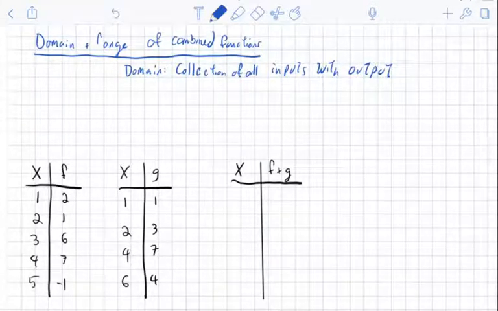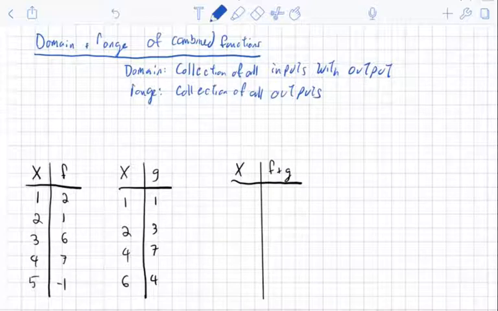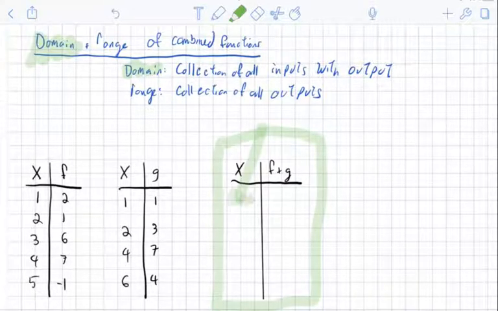And the range is the collection of all outputs. So the range will kind of deal with itself. You just kind of calculate that. What I want to focus on right now is the domain. Okay? In other words, when I'm making this table, what entries should I put in for x here?